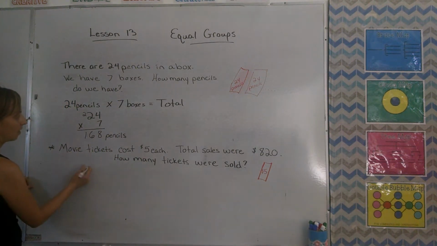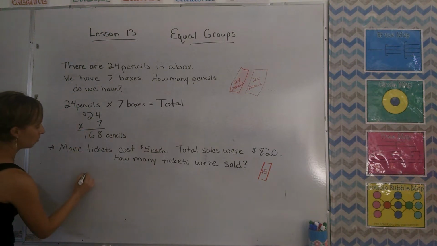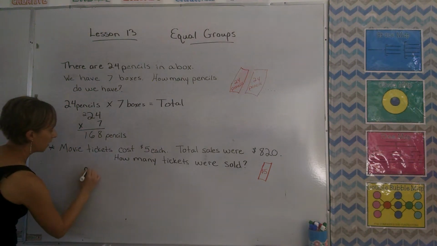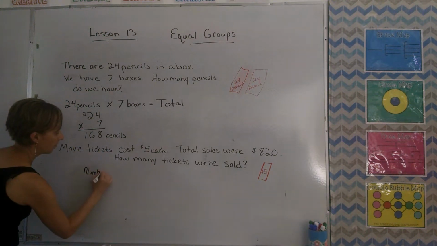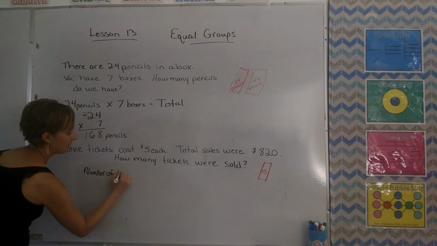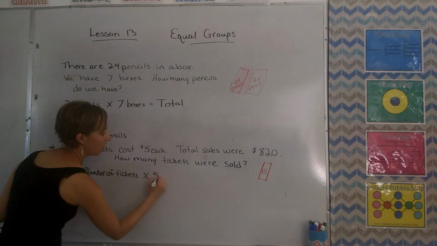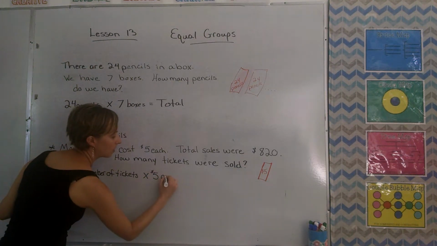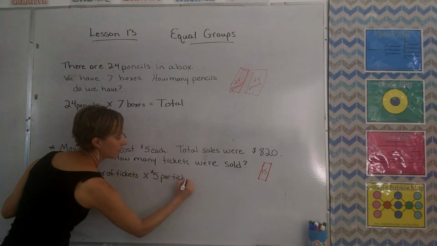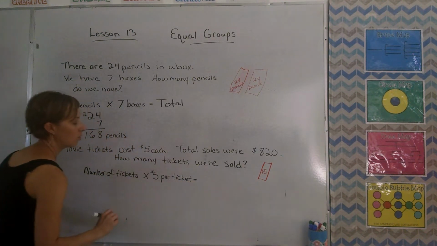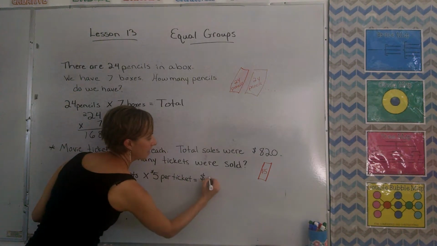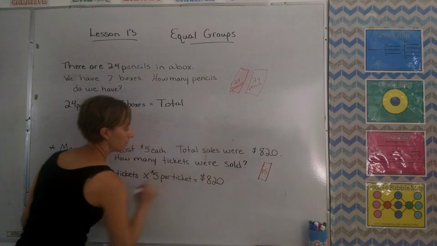Well, if we think about it as a multiplication problem, the number of tickets times $5 per ticket equals, in this case, 820.